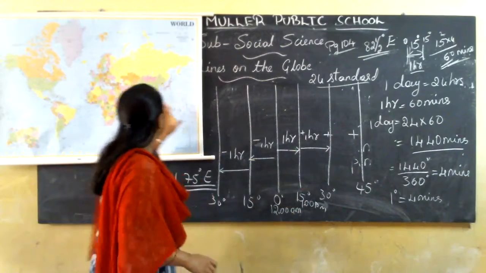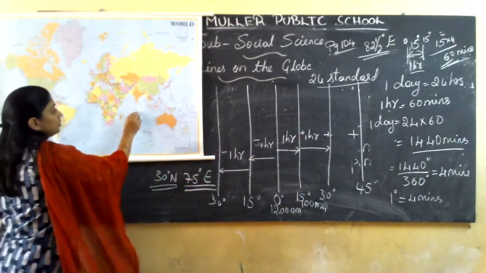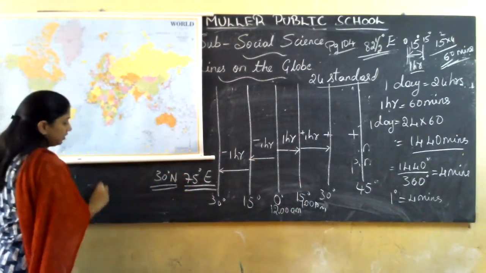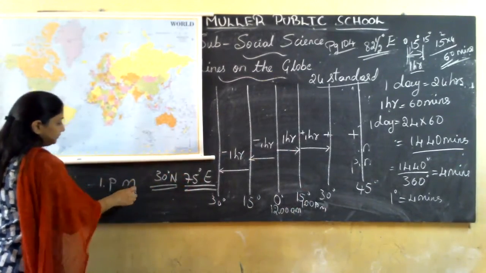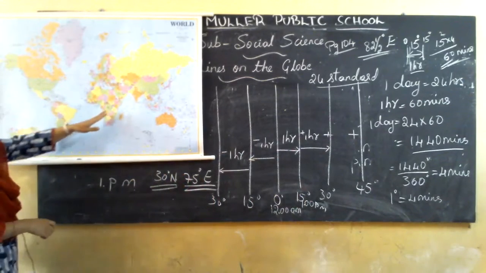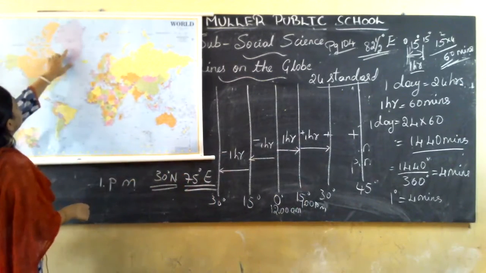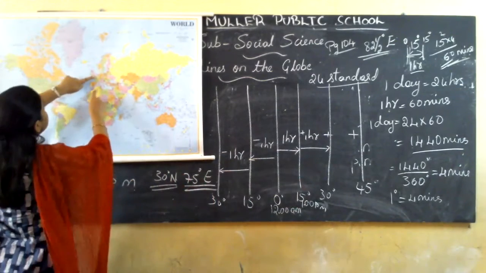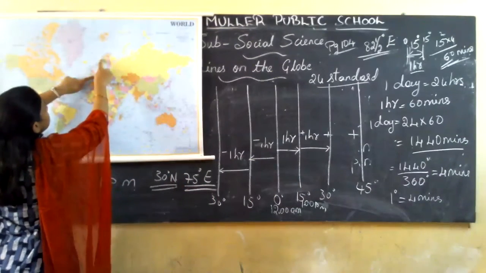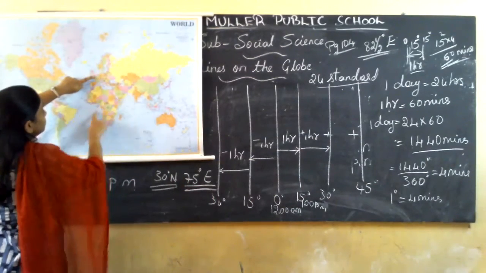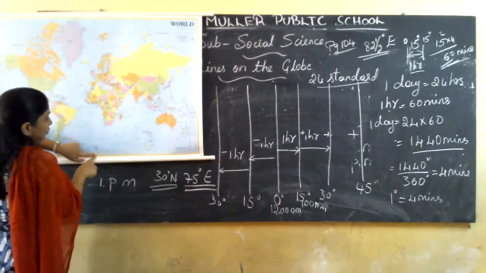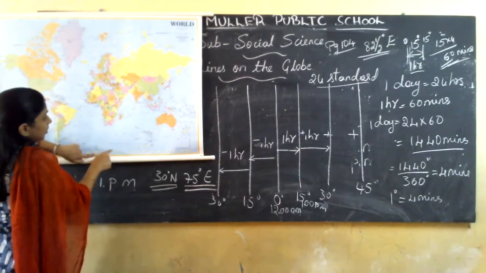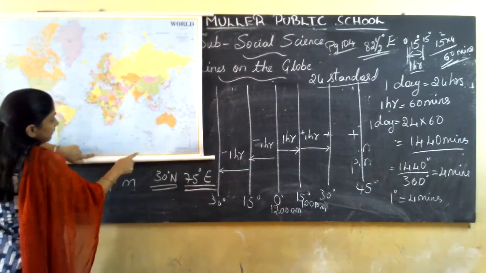So suppose in India it is 1 o'clock, say around 1 p.m. What is the time in London? So where is the prime meridian? The prime meridian is here. So when it is 12 noon in London, in India it is 1 o'clock, 2 o'clock, 3 o'clock, 4, 5.